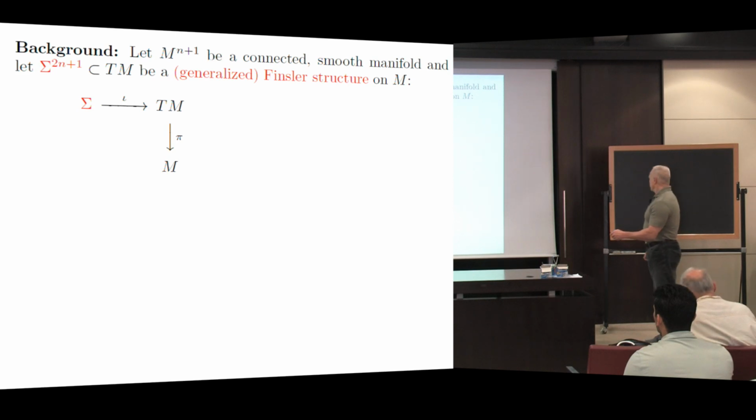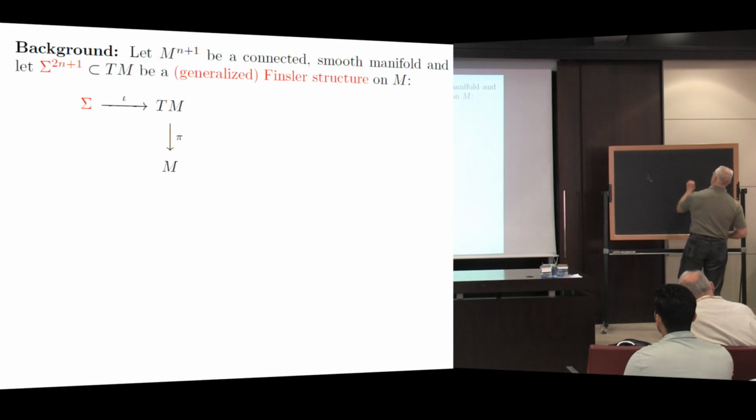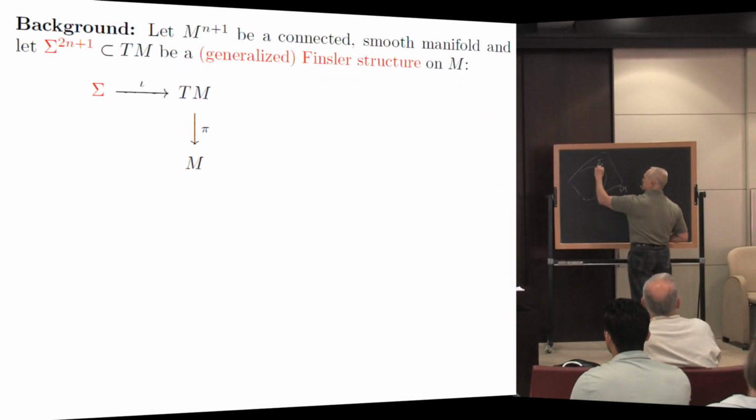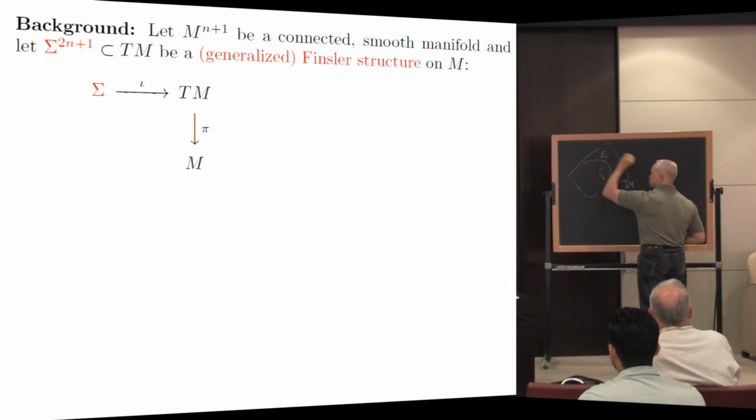But I'm going to take it in the generalized sense, in that the only thing I'm really going to require about sigma, other than that it's a smooth hypersurface that submerses onto M, is that in each tangent space, at each point x in M, sigma represents a hypersurface that's locally convex, strongly convex towards the origin.